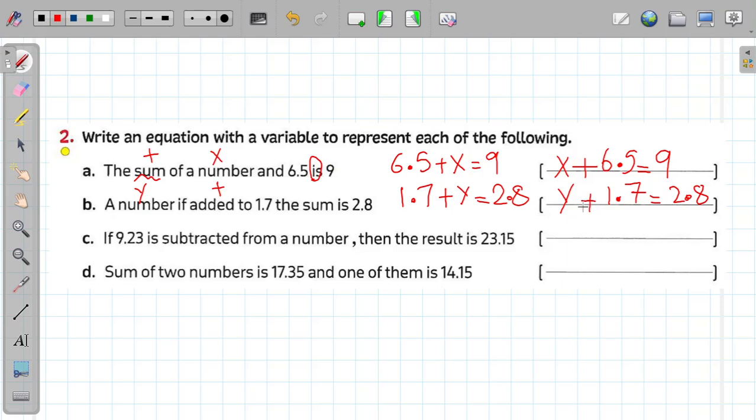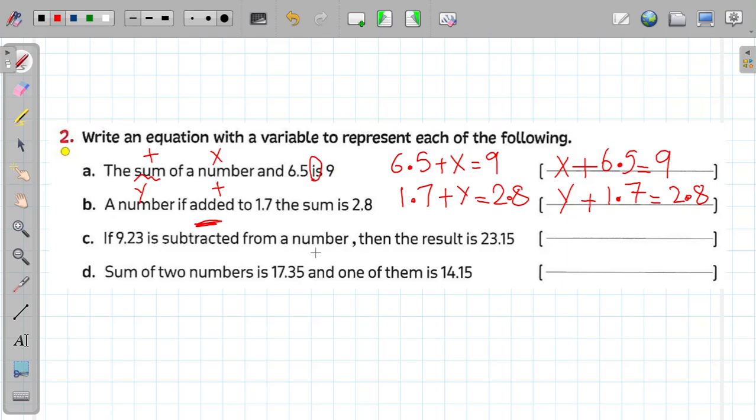The third one here: if 9.23 is subtracted from a number, subtracted from, so I will use the subtraction operation, then the result is 23.15.